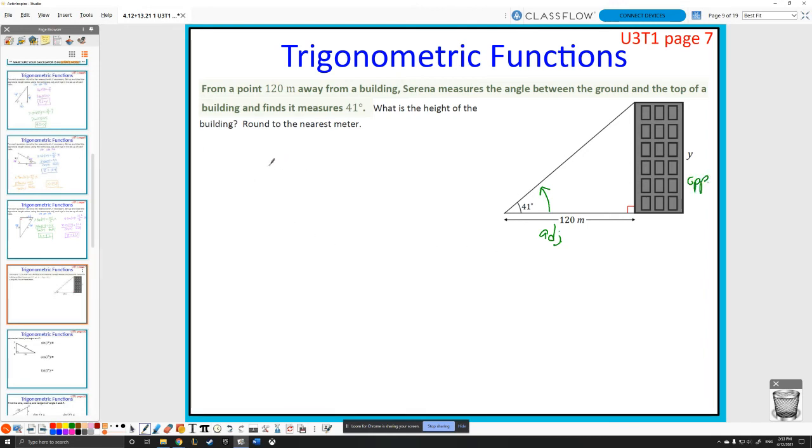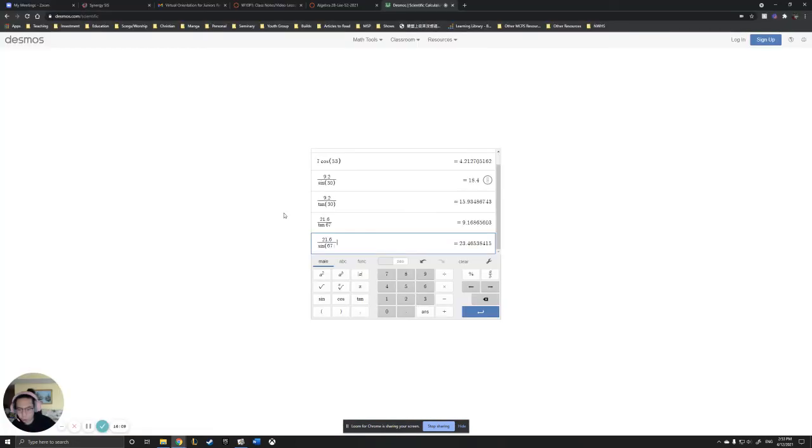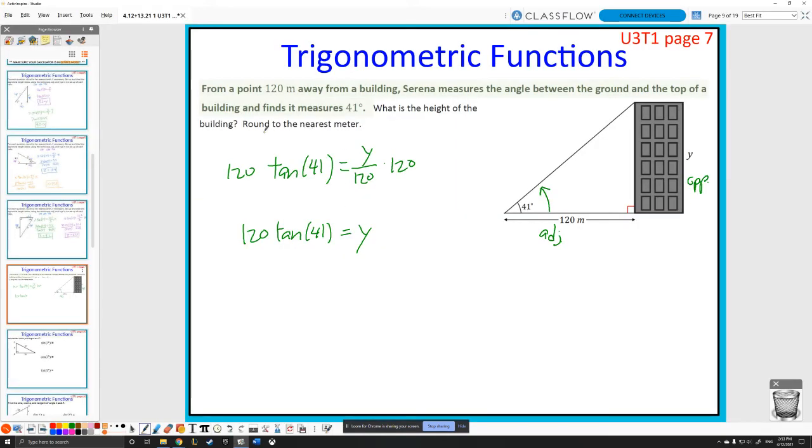So I know I got to use tangent. So tangent of 41 equals y over 120, multiply by 120 on both sides. So 120 times the tangent of 41 gives me 104, because it asks for the nearest meter, equals y. So this one was pretty easy. That's why we just want to quickly do that.